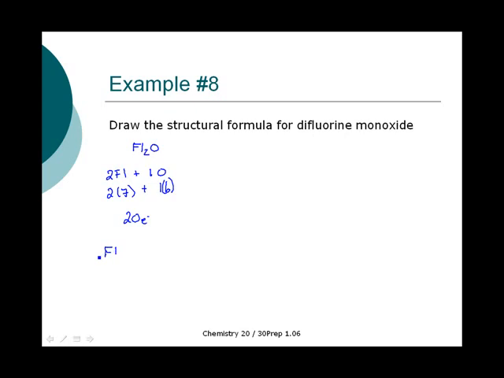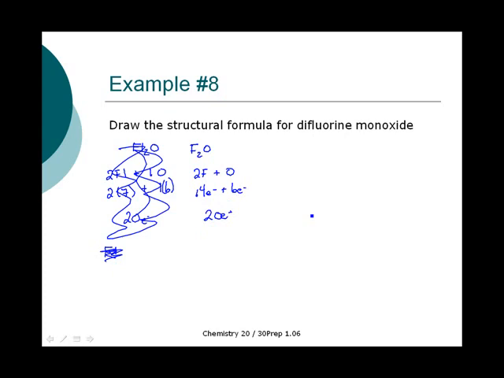Sorry about that, fluorine's chemical symbol is just F. So 2 F's plus an O means 14 plus 6, and so we're going to have 20. The rest of it was right, but wrong chemical symbol. No marks for me.